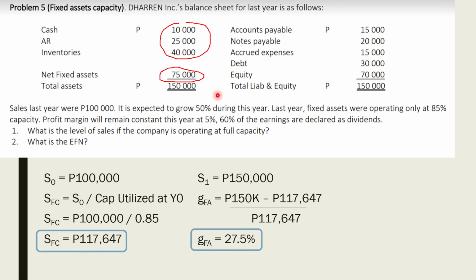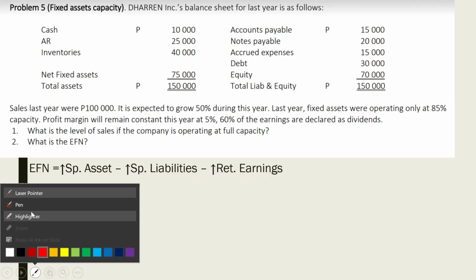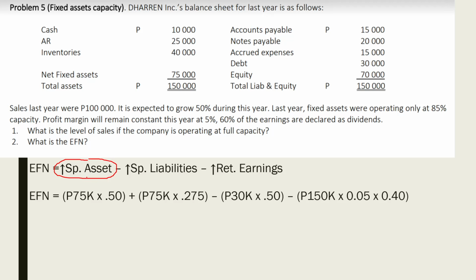Let us now calculate the EFN. What is the external financing needed? That's number two. The EFN is your growth in spontaneous assets minus the growth in spontaneous liabilities minus the growth in retained earnings. Your growth in fixed assets and current assets would be calculated separately. So you would have two calculations for the growth of your assets.